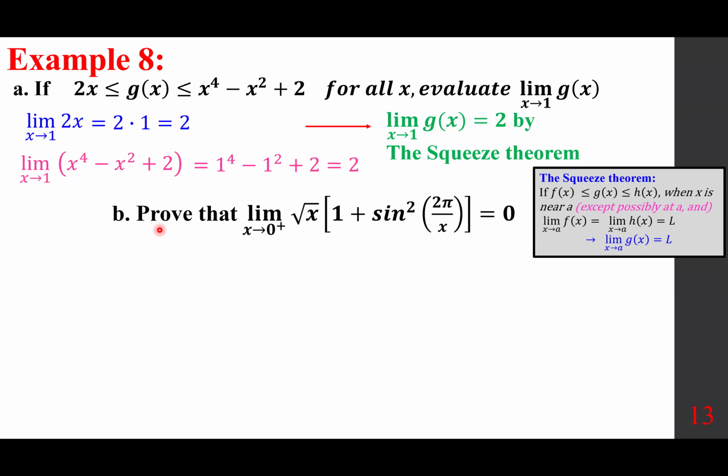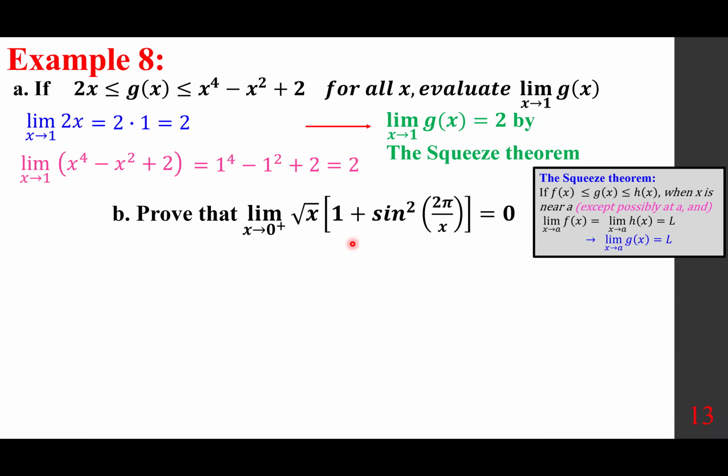Part B, prove that the limit of square root of x times (1 plus sine squared of 2 pi over x) as x approaches 0 from the right is 0. Well, to do so, remember that you can use the squeeze theorem, and we want to come up with this expression.